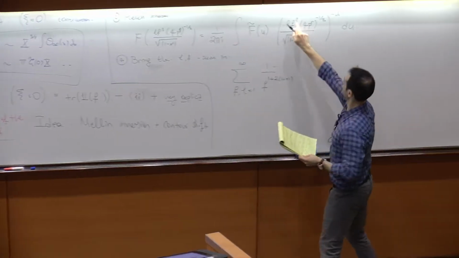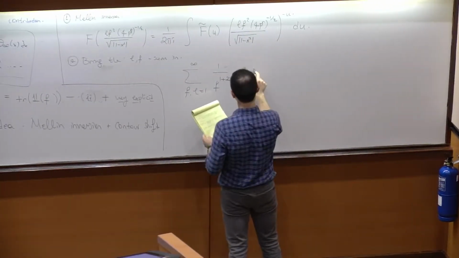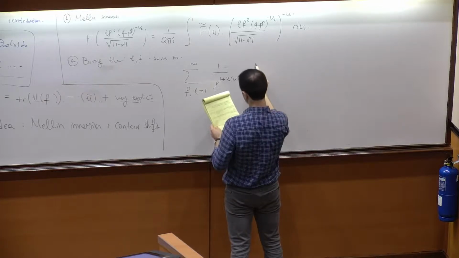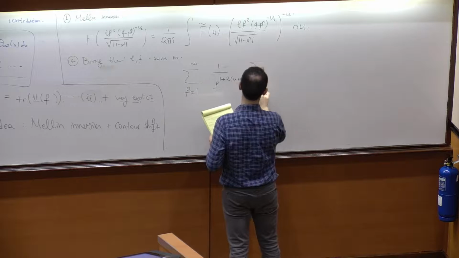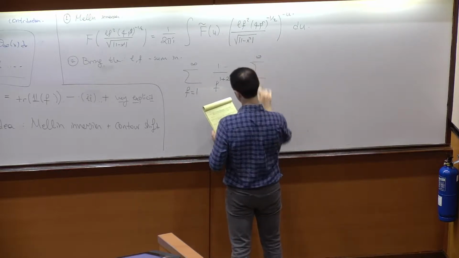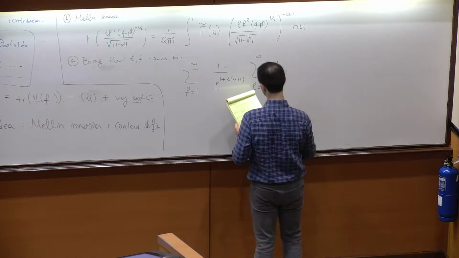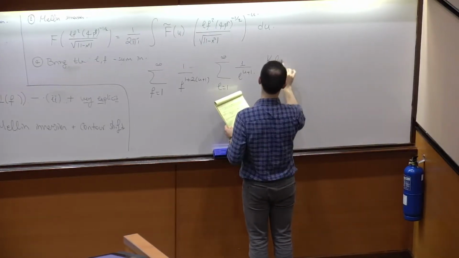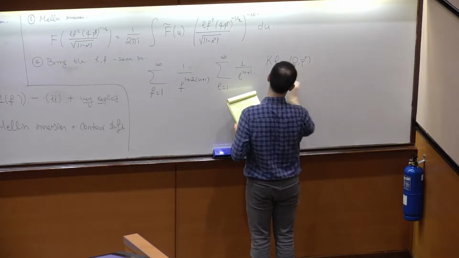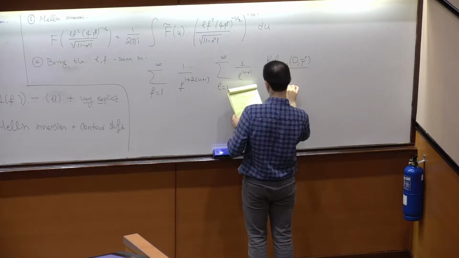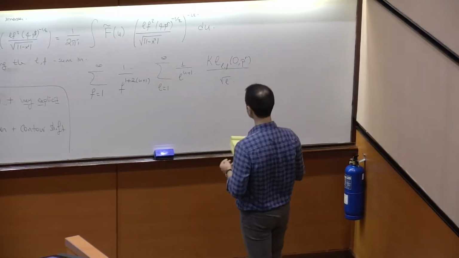That is coming from f squared to minus u here, and f cubed was over there, times maybe sum over L from 1 to infinity, 1 over L to the u plus 1, times this closed term and sum, square root of L. Okay, so now this is great.